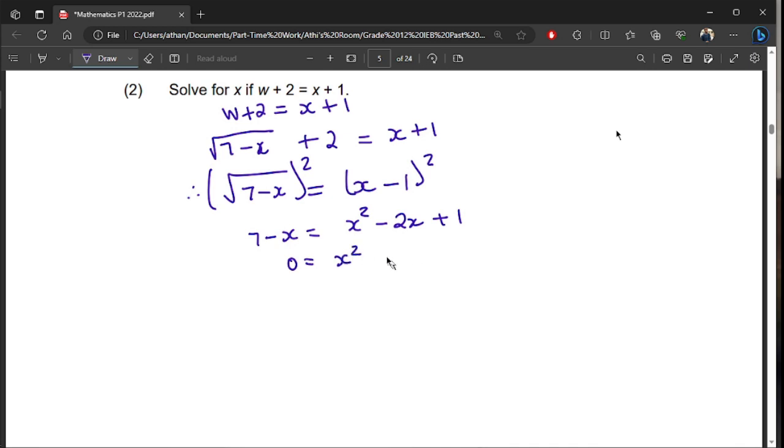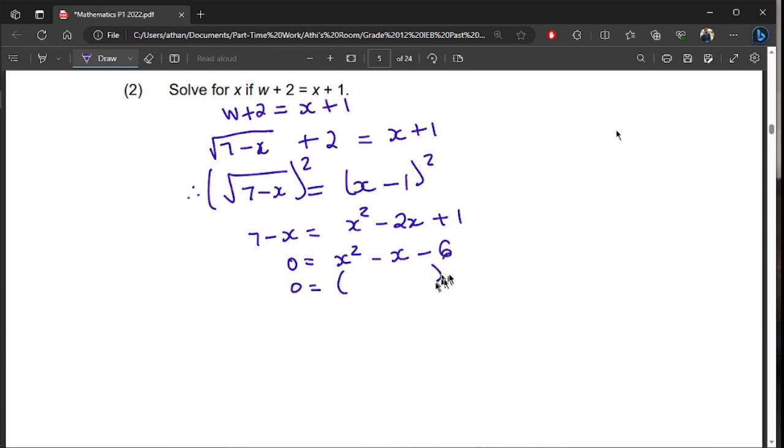So this is x squared. This becomes negative x now because the x joins negative 2. Then we add them: a coefficient of negative 2 and a coefficient of positive 1 give you negative 1. That's correct. And then 7 joins 1, but 7 becomes negative. So it's negative 7 plus 1, which is negative 6.